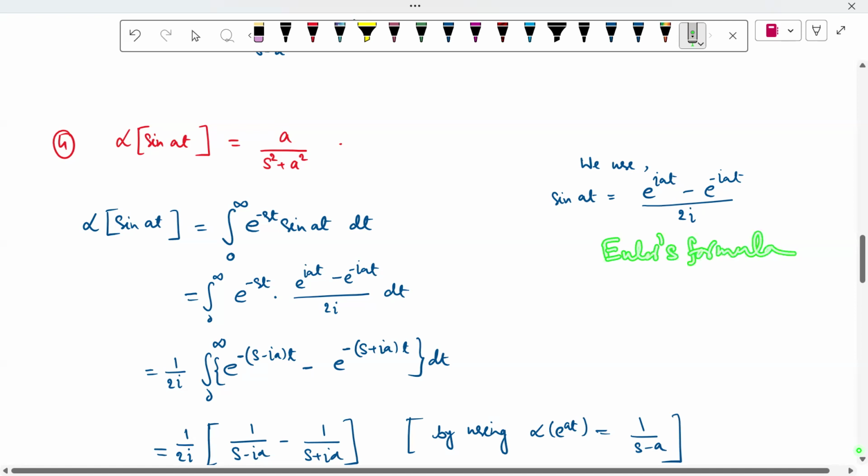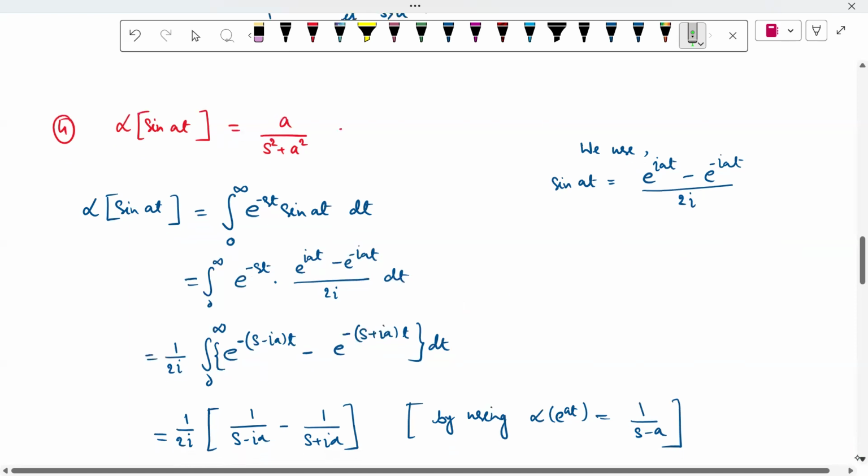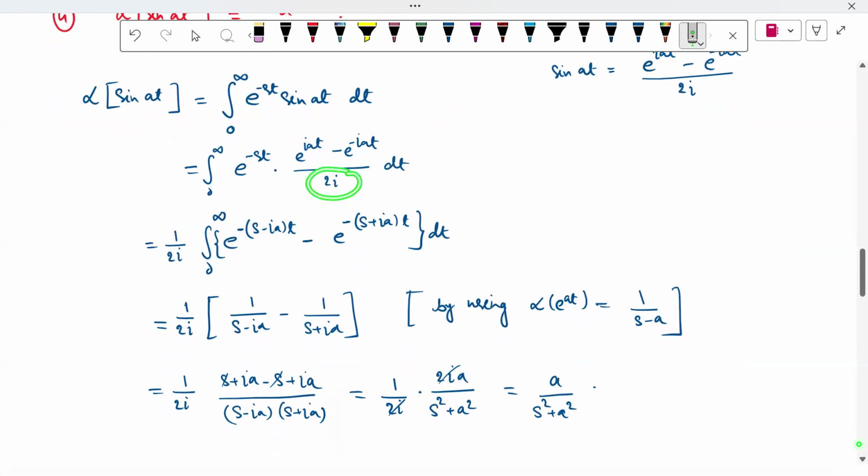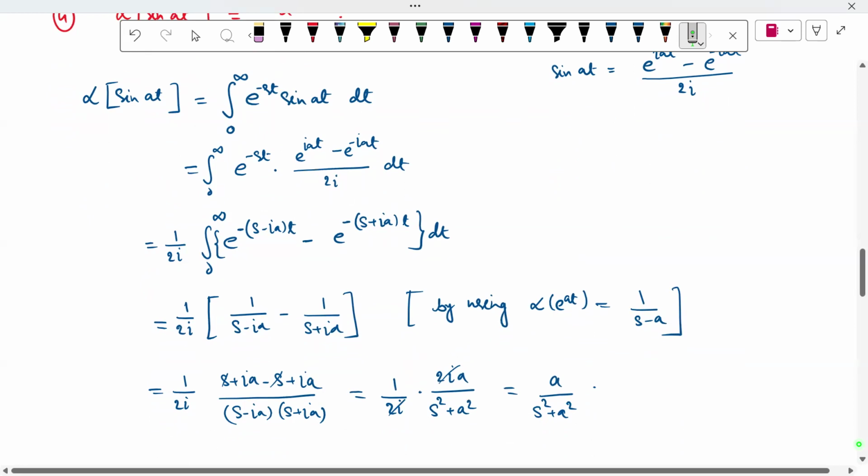We put this value in place of sine at and multiply. So 1 by 2i comes out, and we get the integral from 0 to infinity of e to the power minus s minus ia, t, and e to the power minus s plus ia, t.